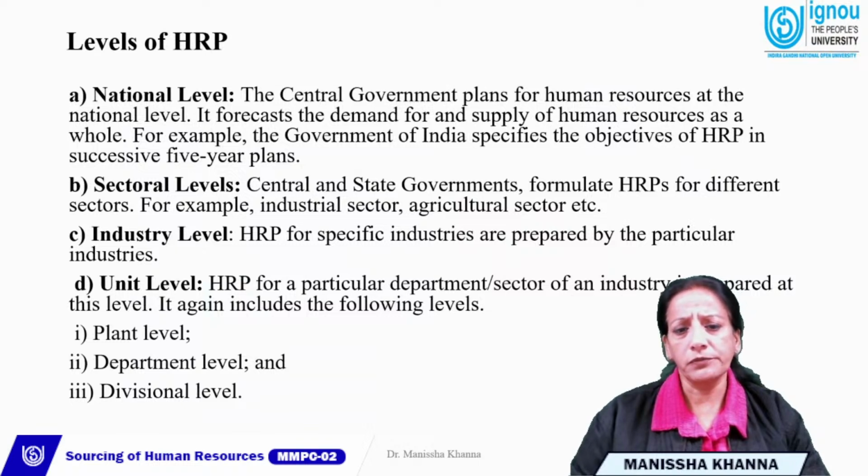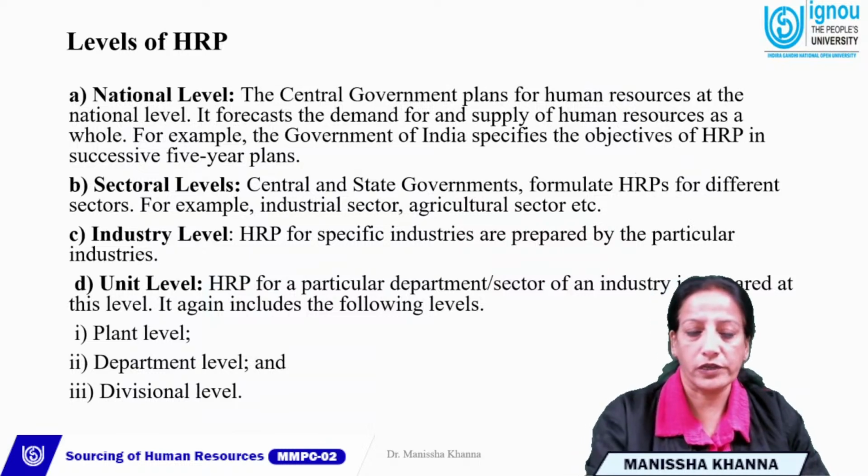Industrial sector, HRP is specific to industries to be prepared by a particular industry segment. Unit level is on a very micro level where the particular department or the sector or the industry or organization is prepared at this level. It includes the plant level, department level, or even the divisional level of an organization.